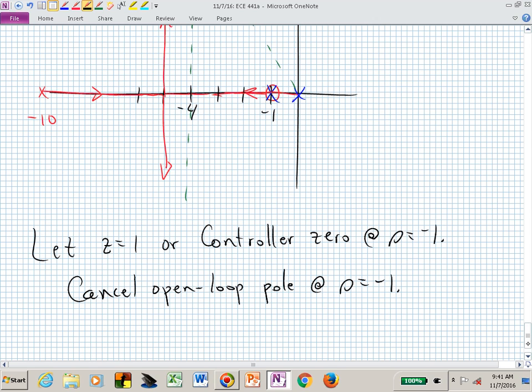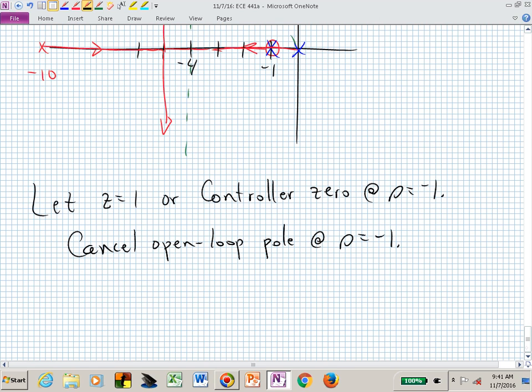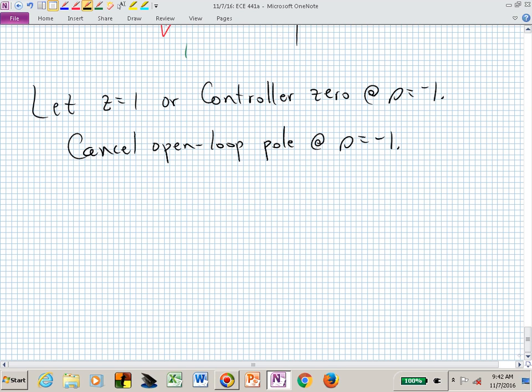Now, let me say something that I hope everyone wakes up and hears. Is everybody awake? We can cancel poles and zeros, but we can't do the following. We never, ever, ever want to cancel poles or zeros on the imaginary axis or in the right half plane. We can cancel what we want in the left half plane, but don't be canceling in the right half plane or on the imaginary axis.